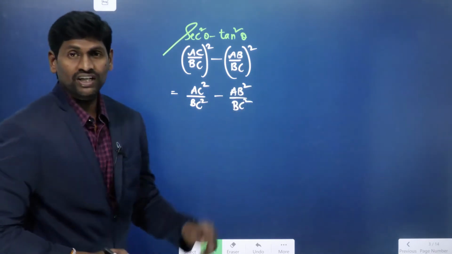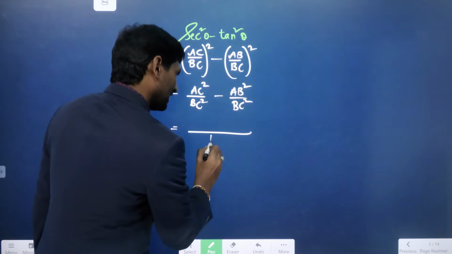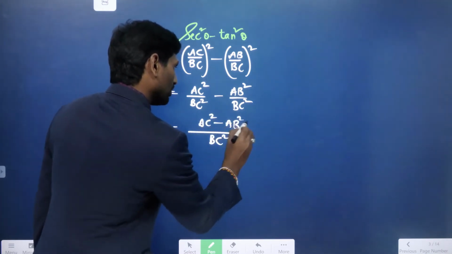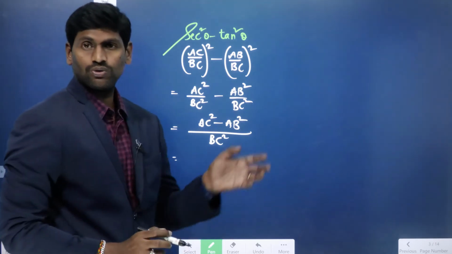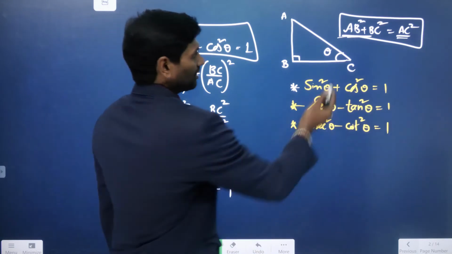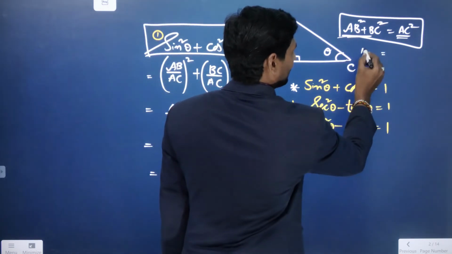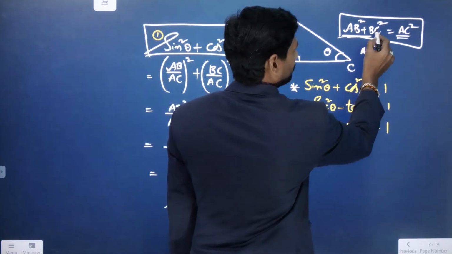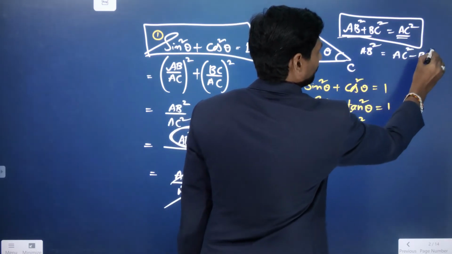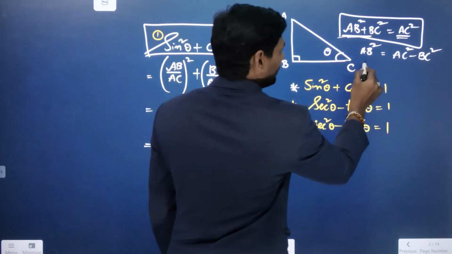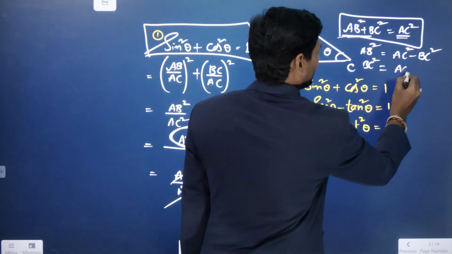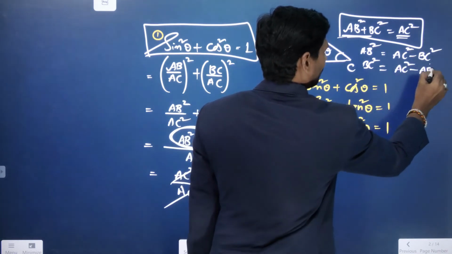Both the denominators are the same, so we can directly subtract the numerators: AC square minus AB square. Okay na? By the Pythagoras theorem, we can write AB square is equal to AC square minus BC square, or transposing AB square to the other side, BC square is AC square minus AB square.